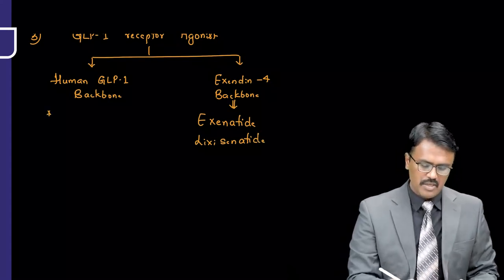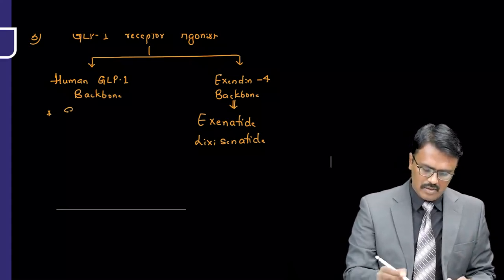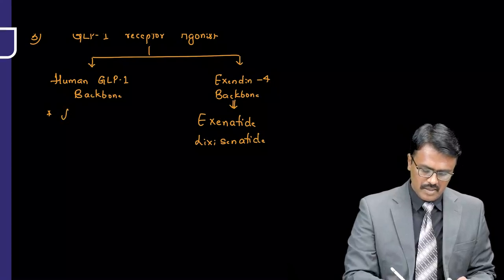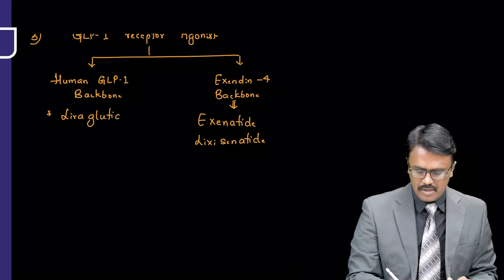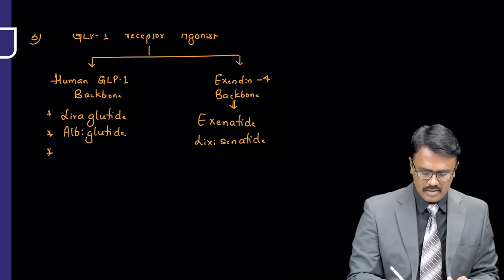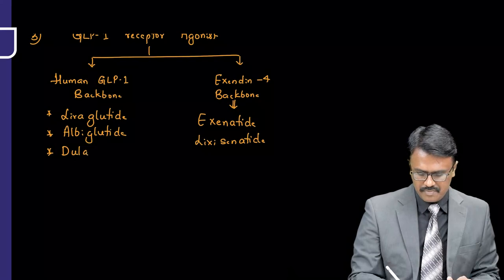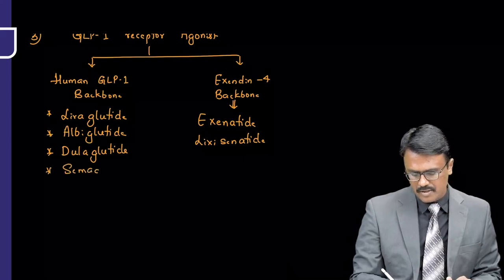Now the human GLP-1 backbone drugs are liraglutide, albiglutide, dulaglutide, and a drug called semaglutide.